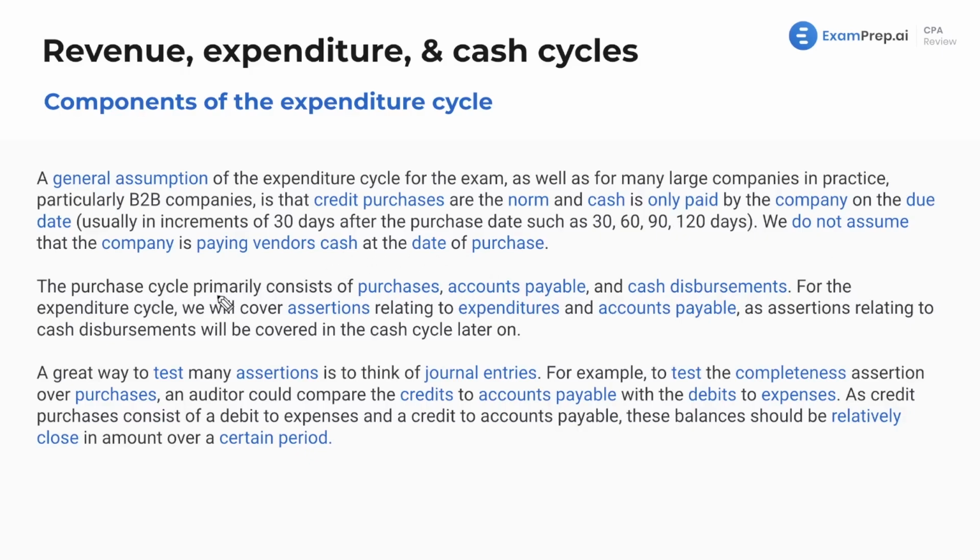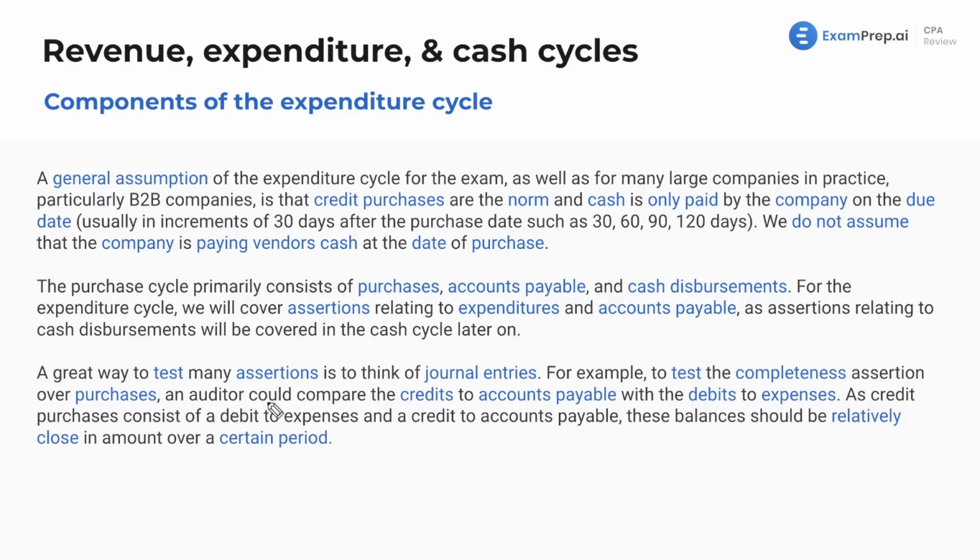The purchase cycle is going to consist primarily of purchases, AP, and cash disbursements. Obviously, like we said with the revenue cycle, we're going to cover that cash portion later on, but obviously we touch on it a little bit here and there. A great way to test many of these assertions, like we said, is to think of the journal entries. So for example, if you want to test the completeness assertion over purchases, which we know, you can also trace.